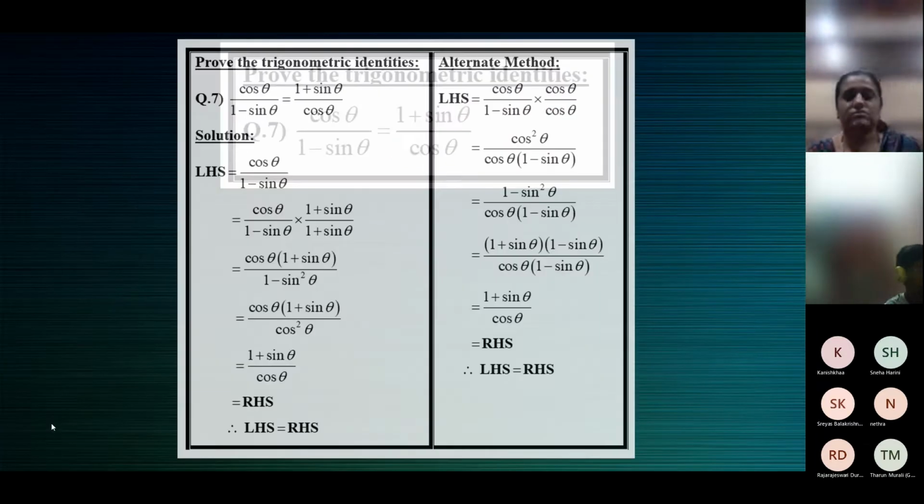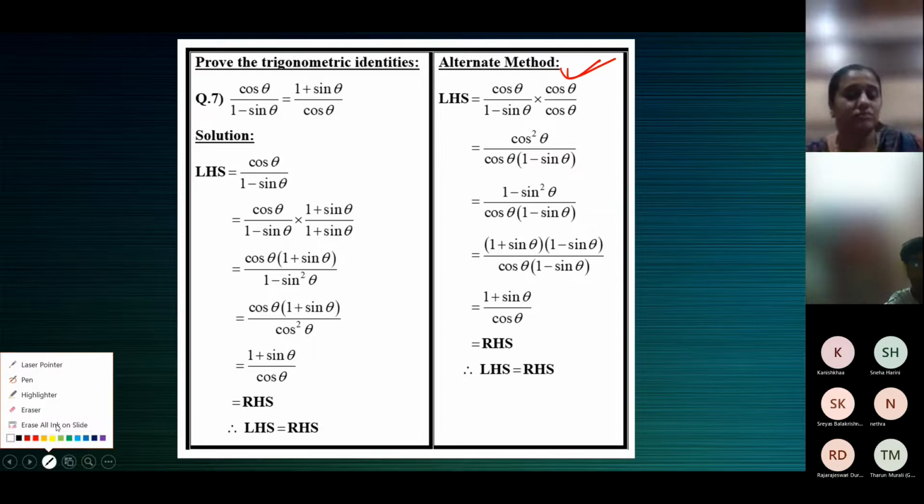Please write down, children. Please write down both the methods.